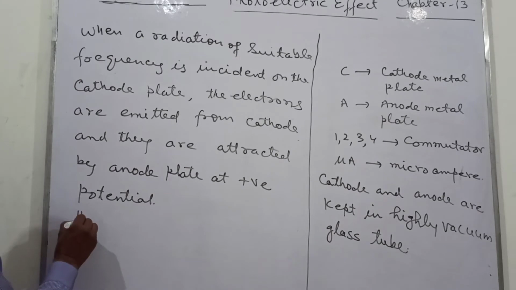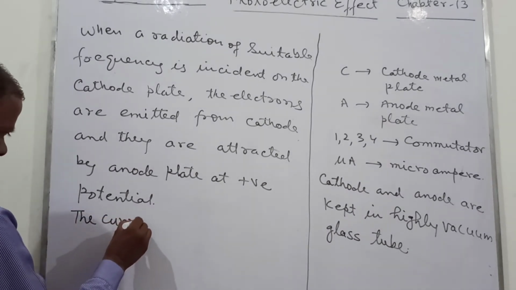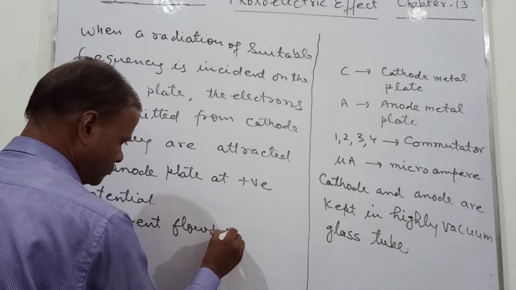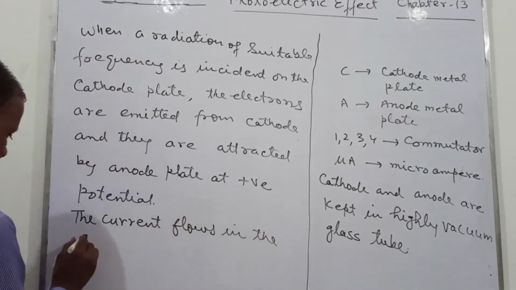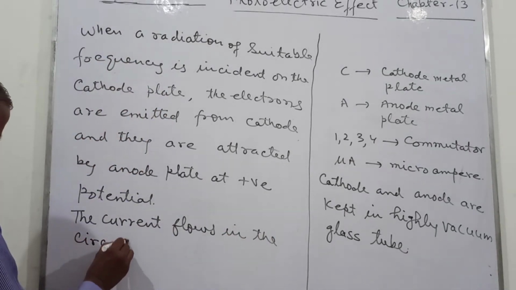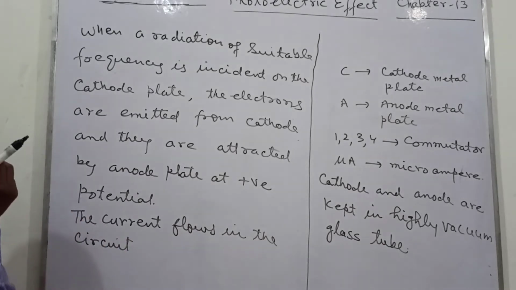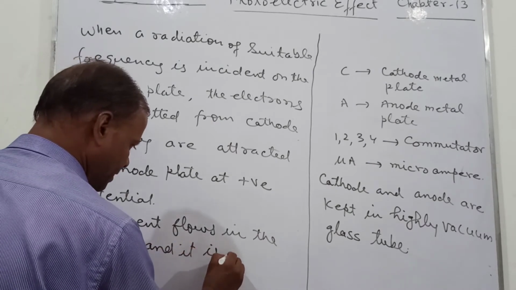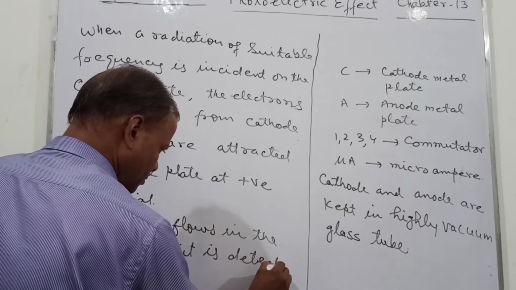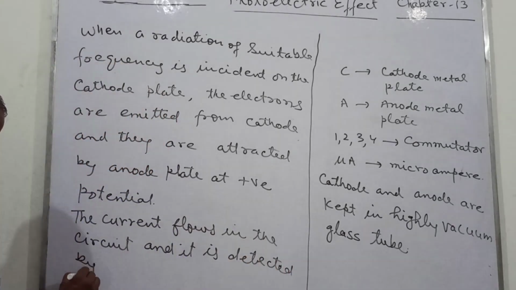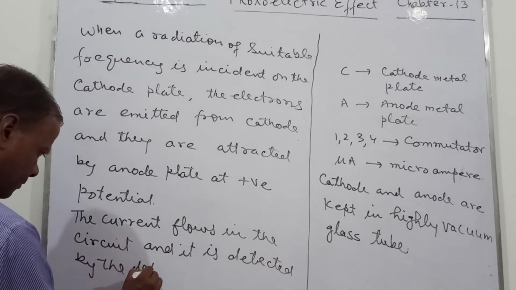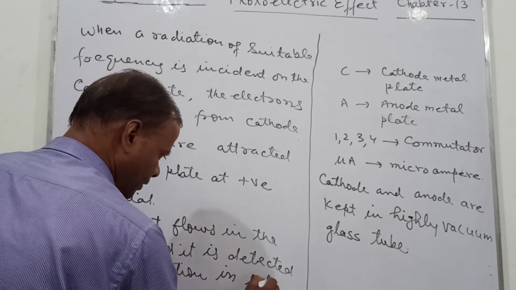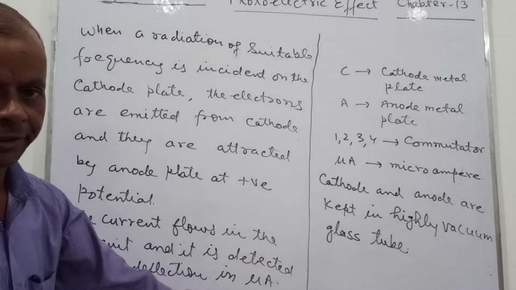The current flows in the circuit, and it is detected by the deflection in the microammeter.